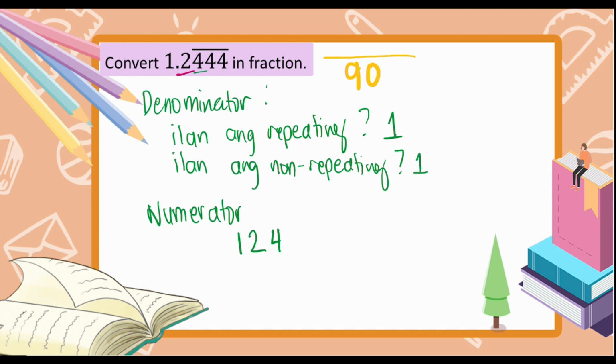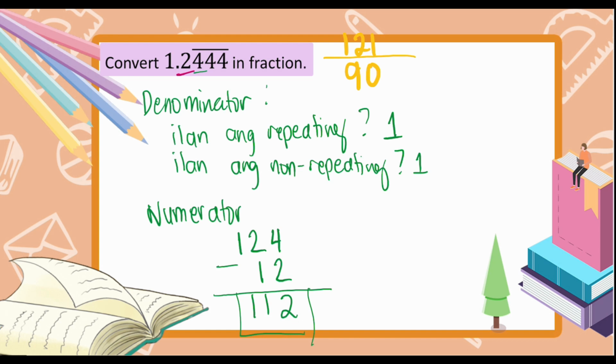Then, yung second naman na gagawin natin, kunin ninyo yung non-repeating digits na lang. So, we have 1 and 2. And then, subtract. So, we have 124 minus 12. Okay? So, the difference is 112. Therefore, yan na yung ating magiging numerator.